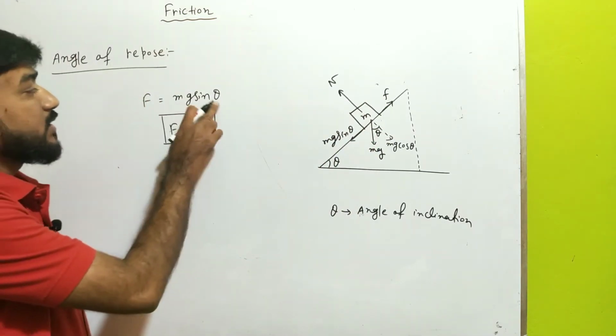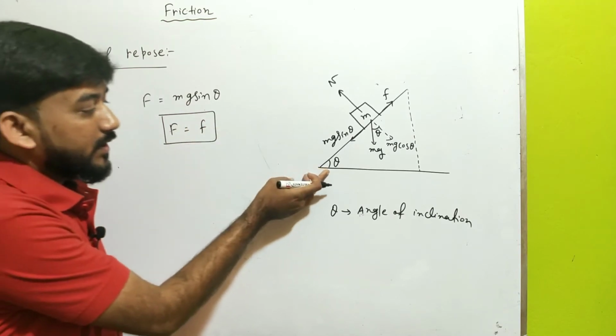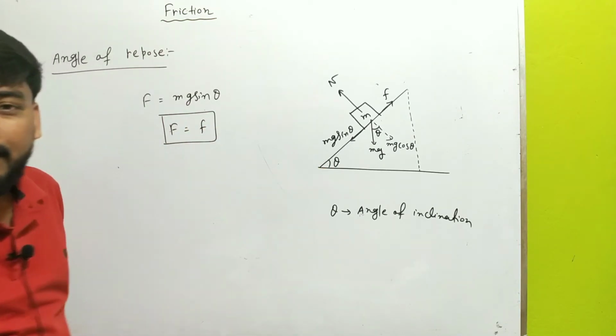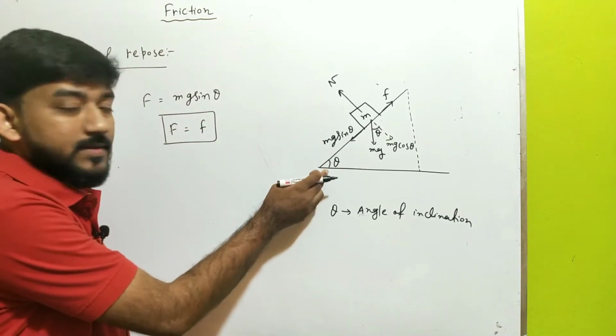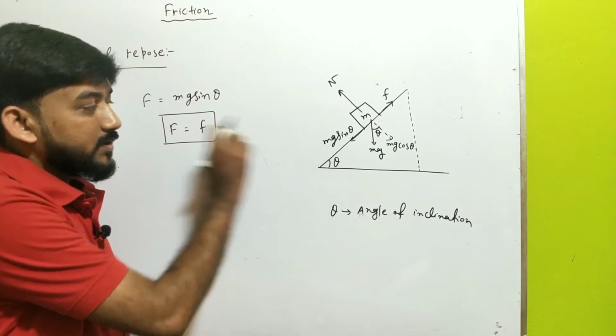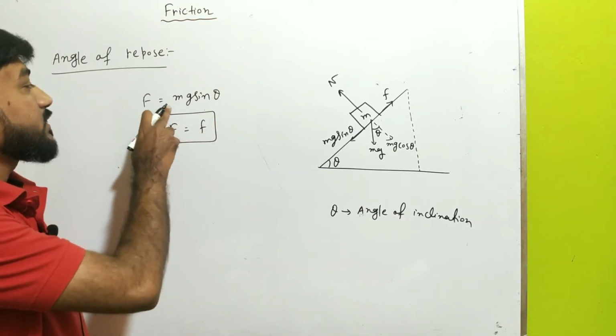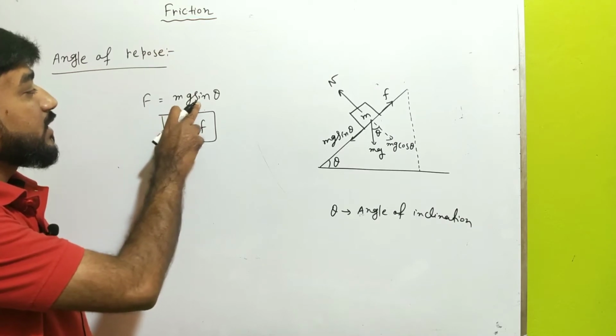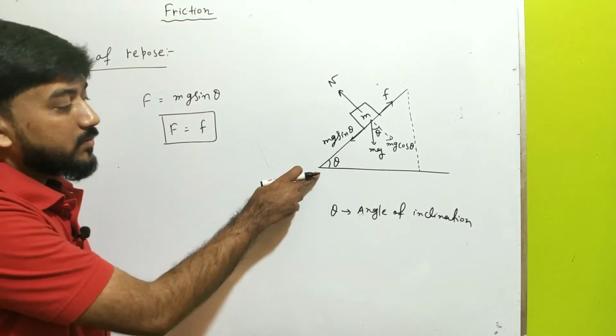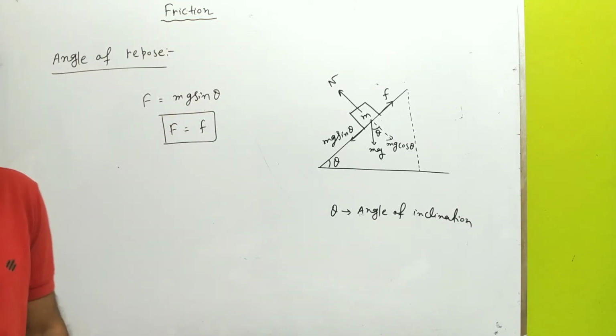And mg sin theta will increase if the angle of inclination increases. If the angle of inclination is increasing, then obviously the applied force is increasing, as sine theta increases with the increase of theta.